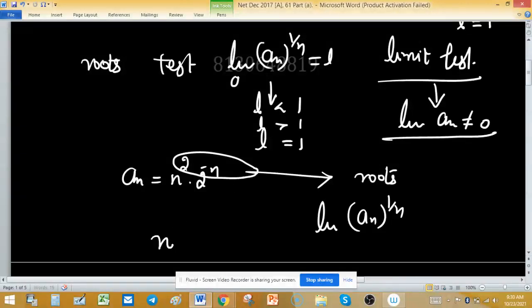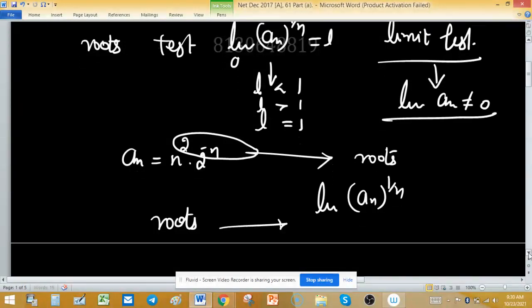So the root test is more powerful than the ratio test, because we can easily predict the convergence of some series using the root test, but the ratio test fails to predict the convergence of the series.